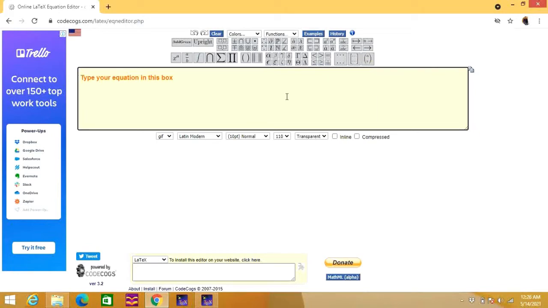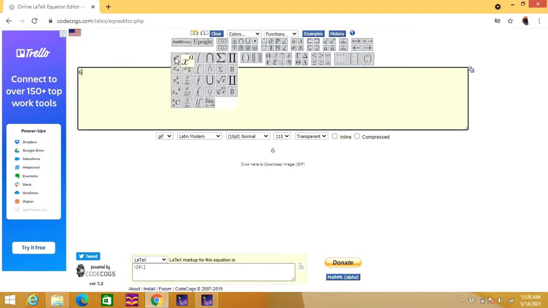Now let us start with writing one equation. Suppose I want to write an equation which is 6x1, so I need to write 6 over here. Then x1, so you need to select subscript. Click over here, write 1 in the bracket.